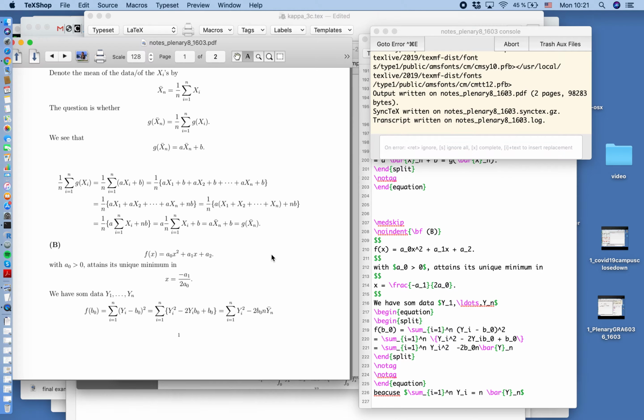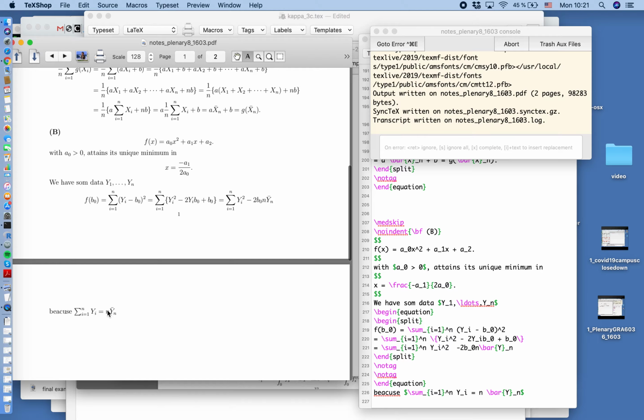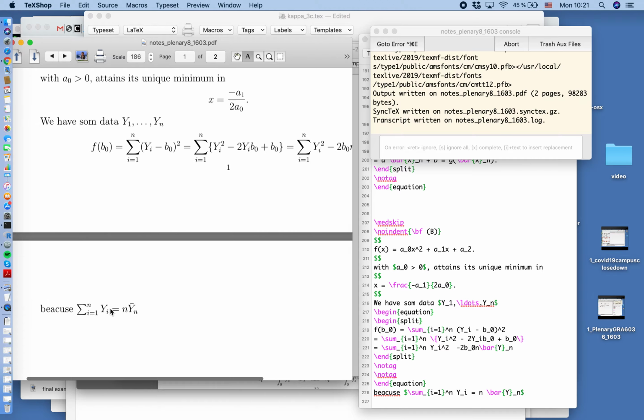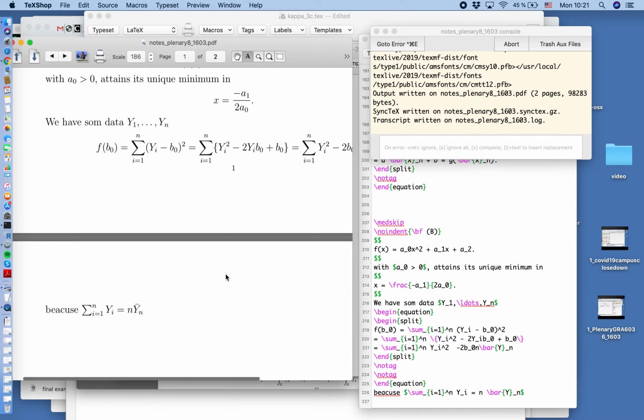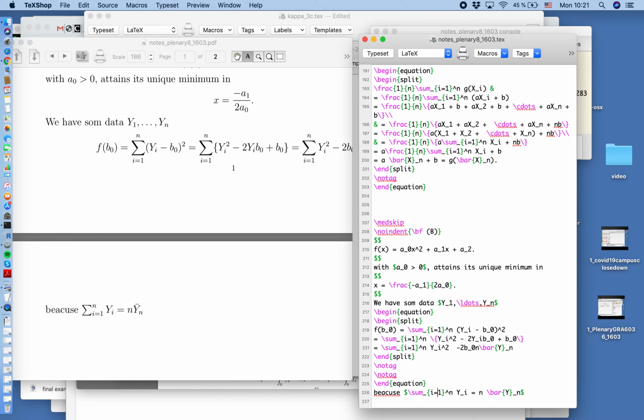This equality follows directly from the definition of the mean.